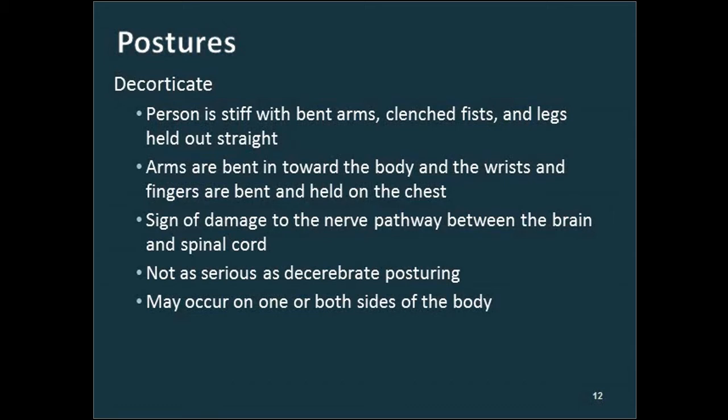The right side's still completely flaccid, but the left side will posture, or vice versa. And then I have seen cases of patients who had no physical impairment of any kind, and then they had a massive stroke, and they were posturing on both sides, both arms, both legs. So it can be one or both.